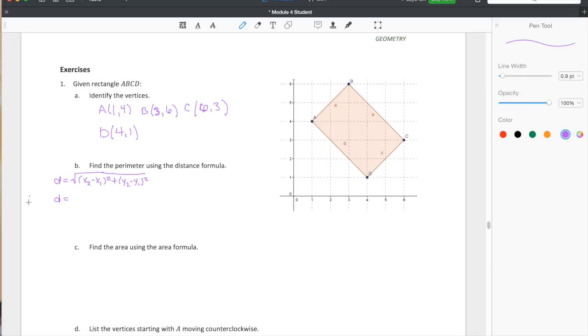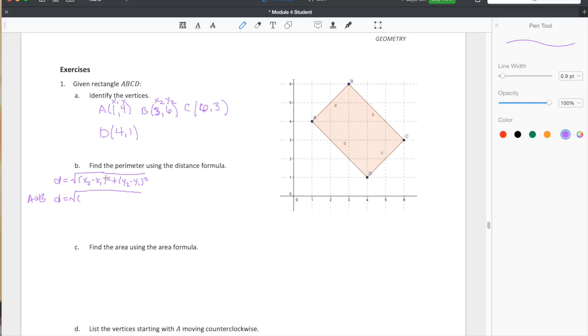So again, this is for between A and B. So distance is equal to, so this up here is our x1, y1, and this is our x2, y2.